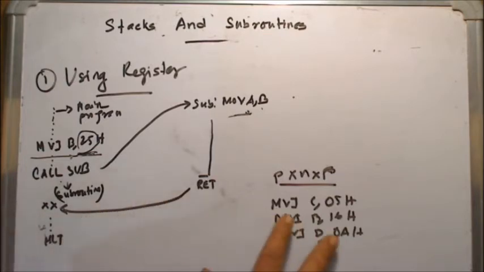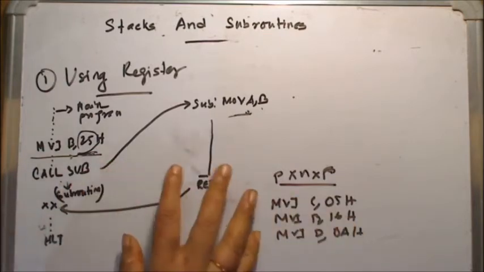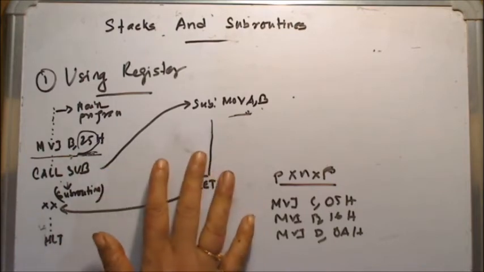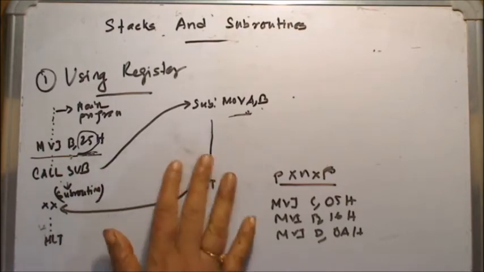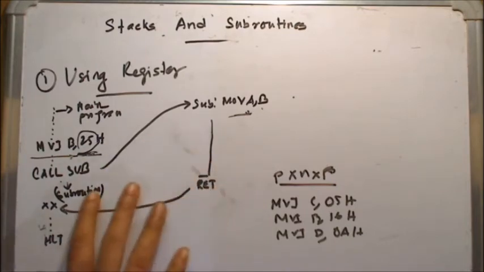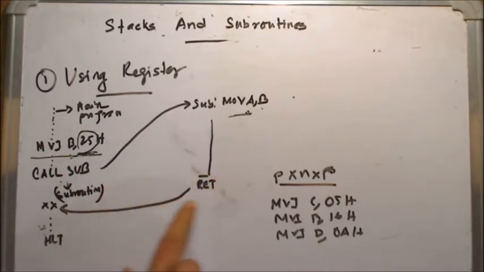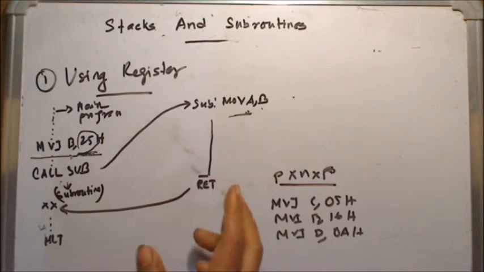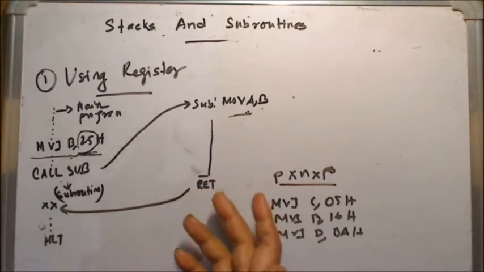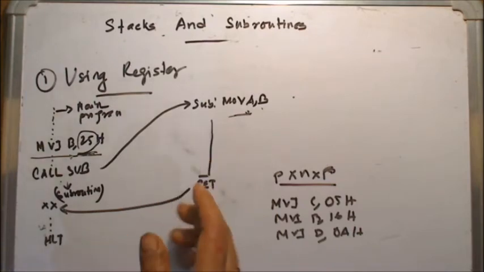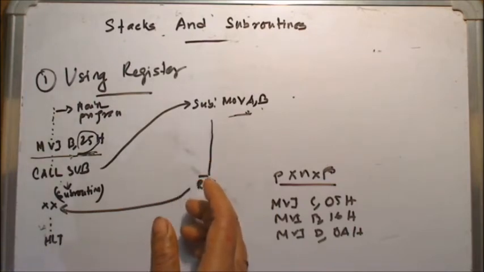Okay, if you want to pass 3 parameters, you can also do that, but I don't think so. At most you can pass one or two parameters because it has 7 registers, and if you block all the registers, how will it help you?